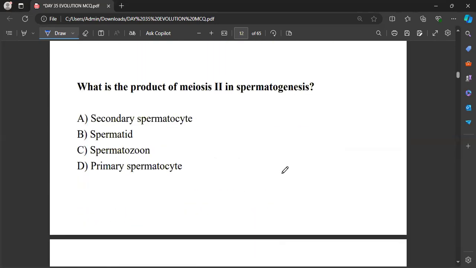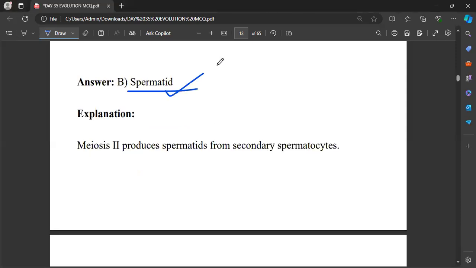Okay. What is the product of meiosis 2 in spermatogenesis? Give me a correct answer. That will be a spermatid. Meiosis 2 produces a spermatid. And from the spermatid, we give rise to a sperm.